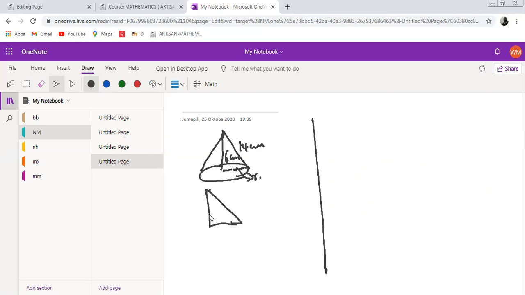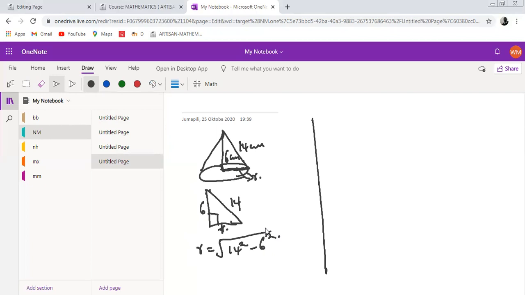Here you have been given the slant height, which is the same as the hypotenuse, and the height, which is 6, so you can get the base, which is the same as the radius of this cone, from here to here. So you say the radius is the square root of 14 squared minus 6 squared.